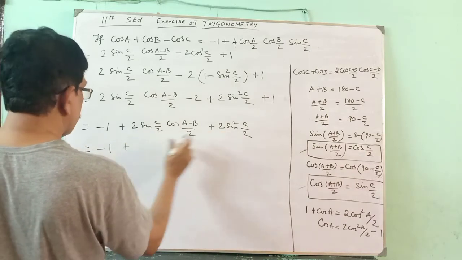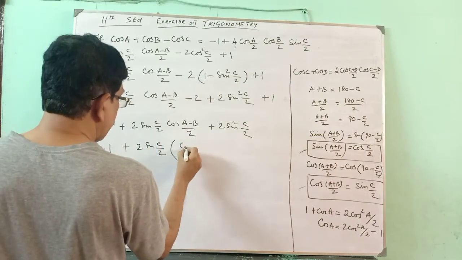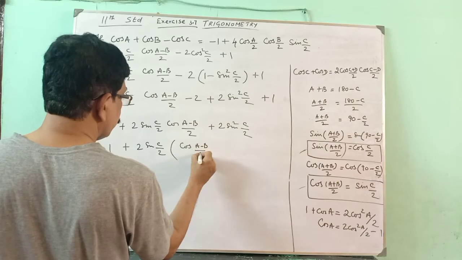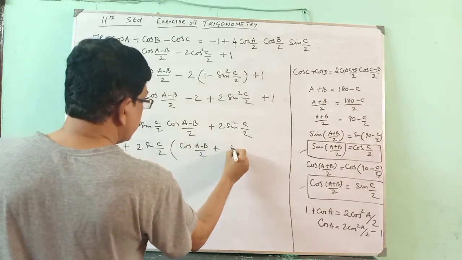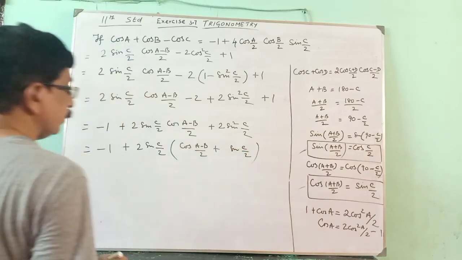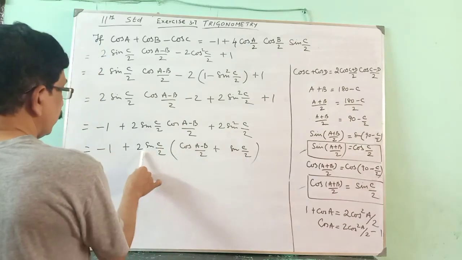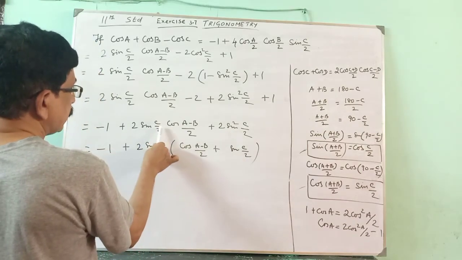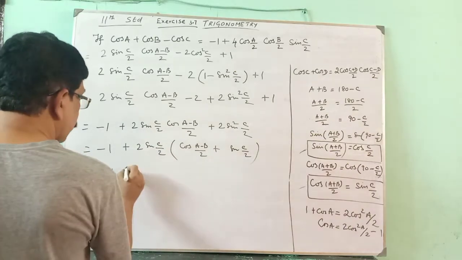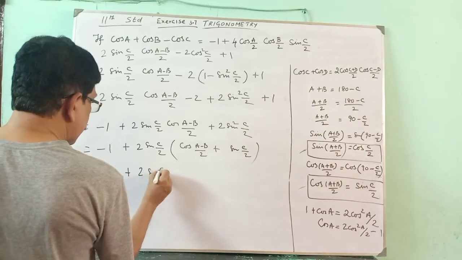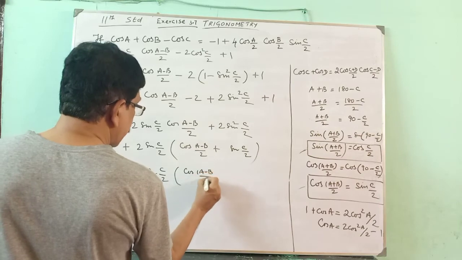Taking 2 sin c/2 common, the remaining terms are cos (a−b)/2 and sin c/2, since 2 sin² c/2 is 2 sin c/2 into sin c/2.